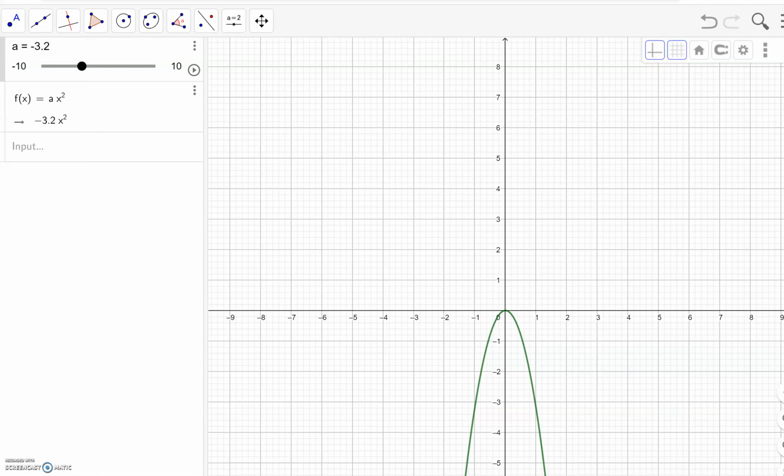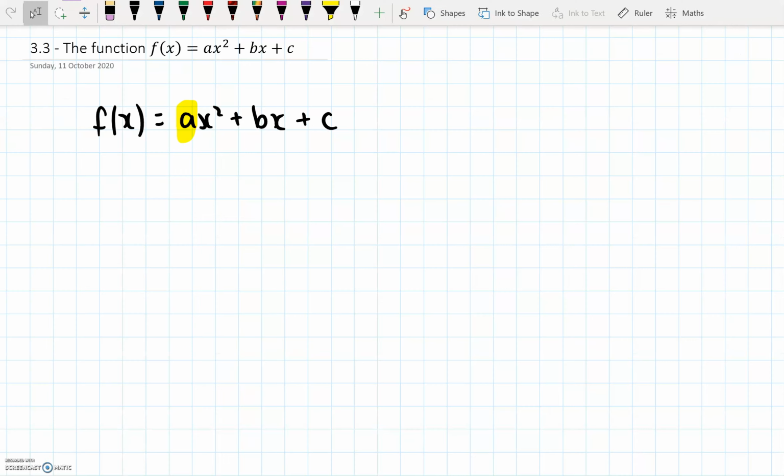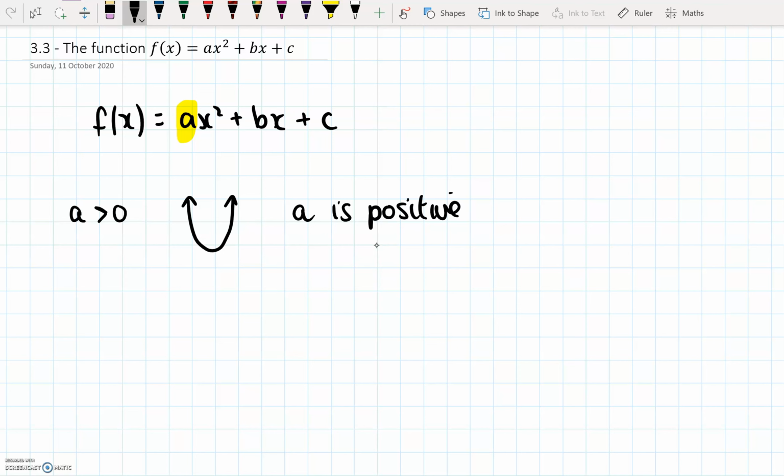Now, the nice way of summarizing this, if we go back to this, is that if a is greater than 0, then our parabola looks like this, okay? And the way I see it, a is positive. For me, positive people, usually they're happy people, and happy people smile.